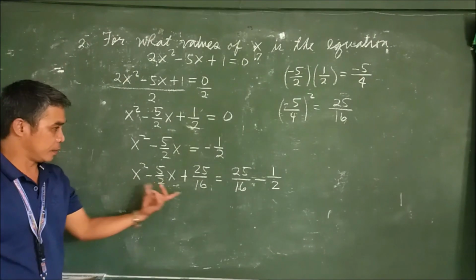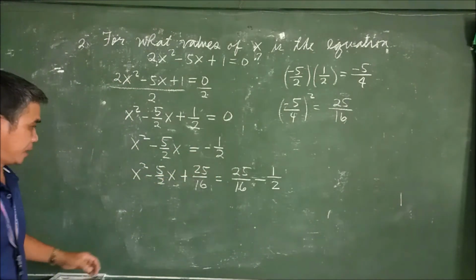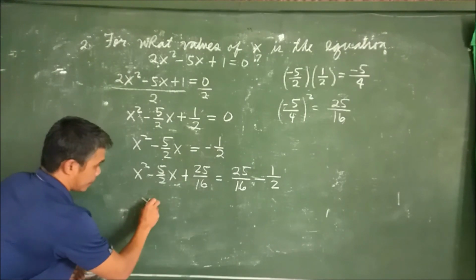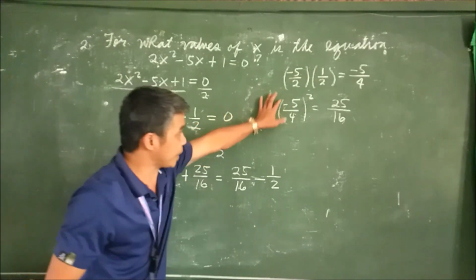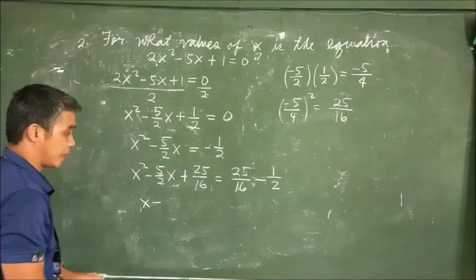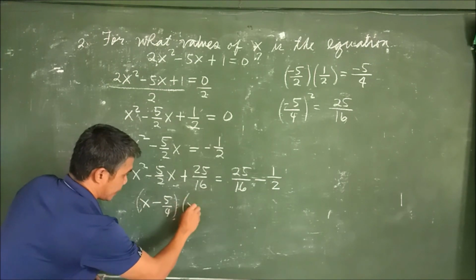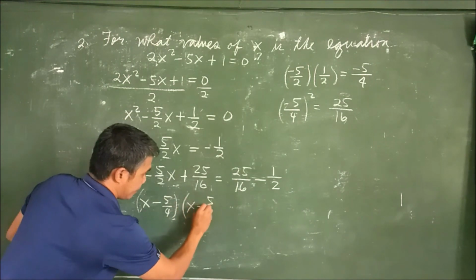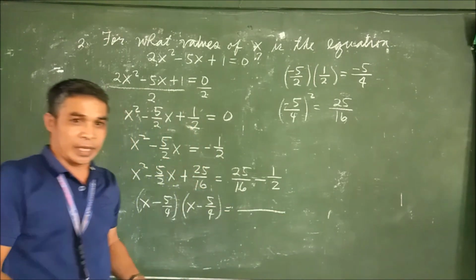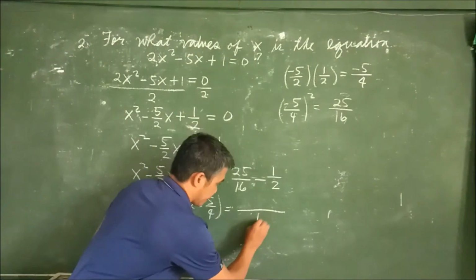Okay, ito sa left side of the equation natin is a perfect square trinomial. Magiging x minus, kung ano yung ipinasok ninyo dyan, ano yung g-square ninyo, yan pa rin yung number na magamit. 5 over 4, then x minus 5 over 4 is equals to, the least common denominator of 16 and 2 is 16.